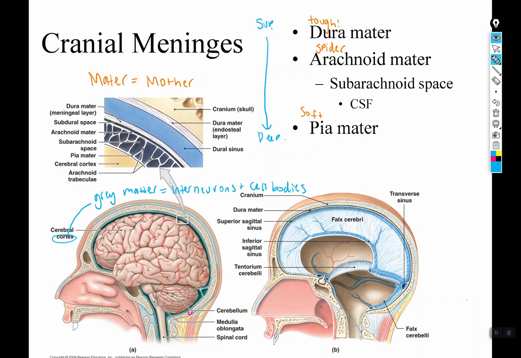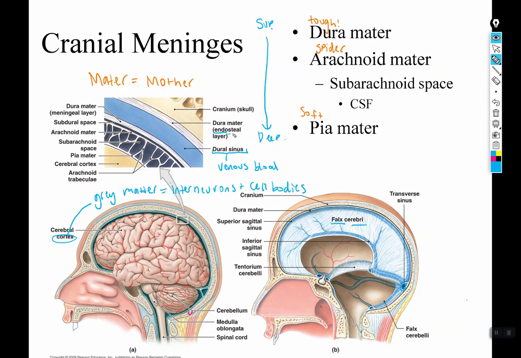Quick note before we move on. In most areas of the cerebrum, for example in the falx cerebri, which partially separates the hemispheres, and also the covering over the rest of the cerebral hemispheres, the dura mater is one single layer. But in areas where there is a dural sinus, which is a space that's filled with venous blood, which is oxygen poor, CO2 rich, full of wastes, and needs to go back down to get recirculated and go through the kidneys, the dura mater in these places is separated into the endosteal layer, endo meaning inside and ost meaning bone.